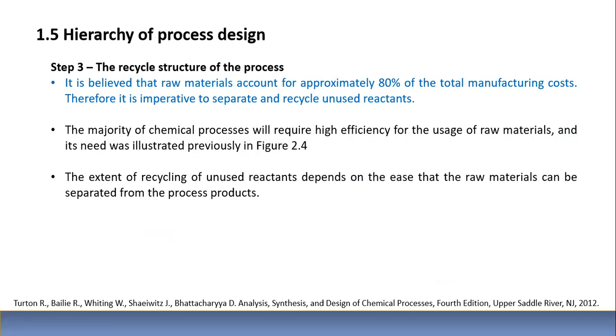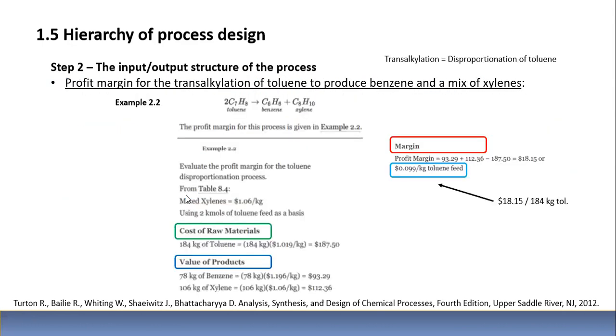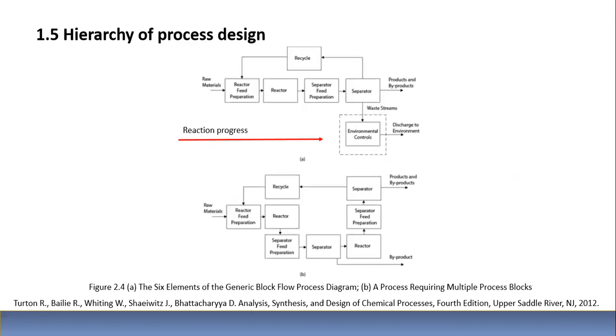The majority of chemical processes will require high efficiency in the usage of raw materials, and this need was illustrated in figure 2.4. In figure 2.4, which is this figure, we saw that even in this very simple generic block flow process diagram, you see this recycle stream.